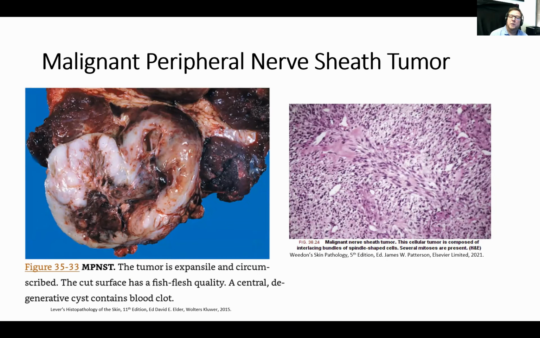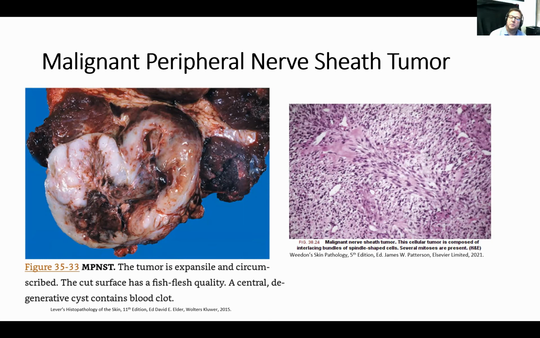So going on, malignant peripheral nerve sheath tumor, MPNST, things to know about it. You will probably not see a case of this. They are even deeper than the subcutis usually. And the initial biopsy is generally not done by a dermatologist. So this is a terrible tumor. It can occur sporadically or in a neurofibromatosis.